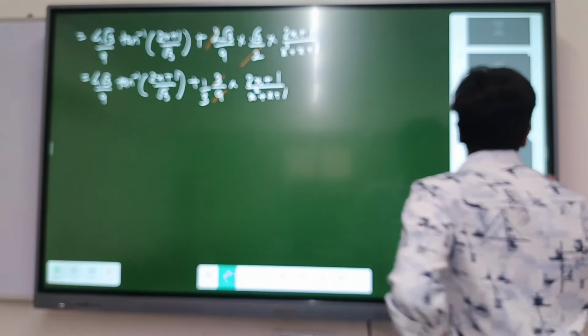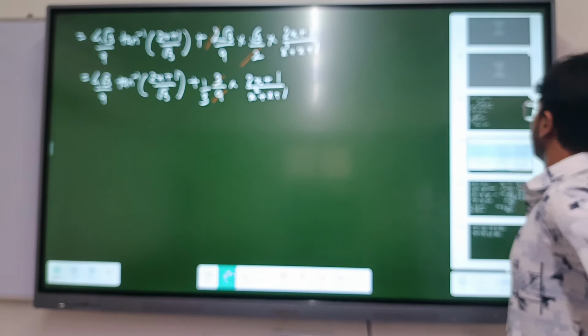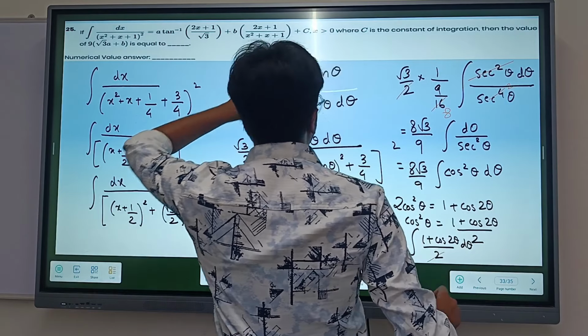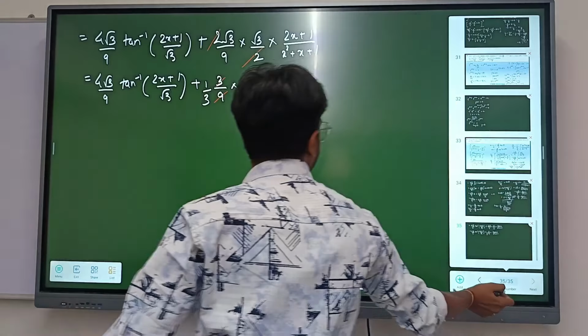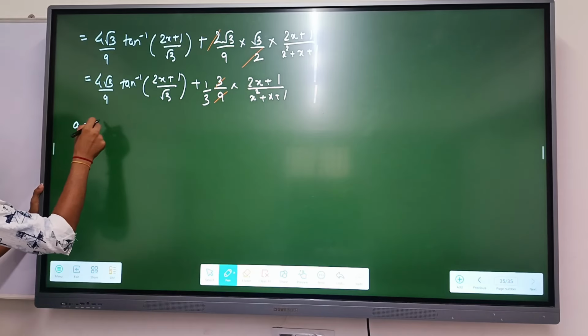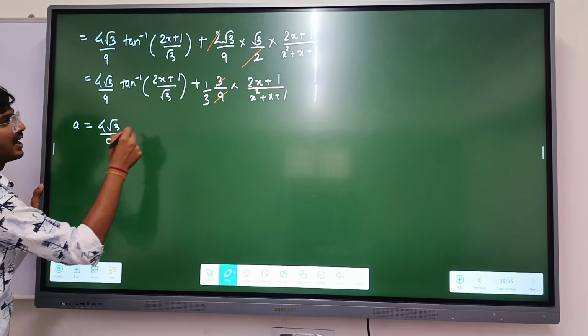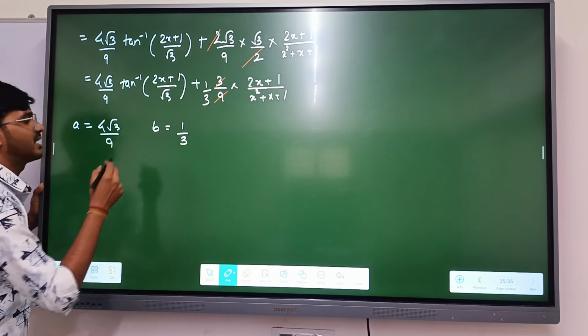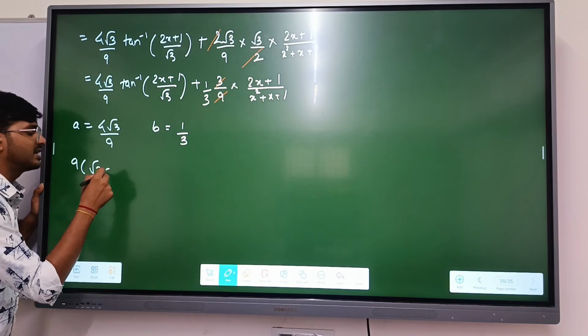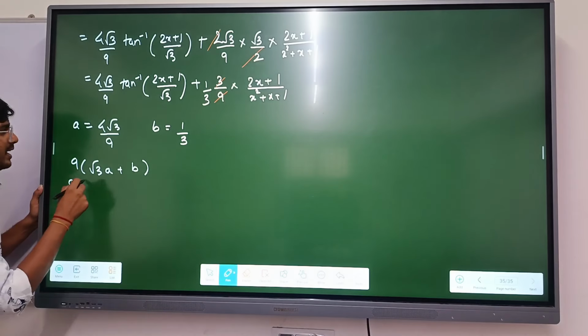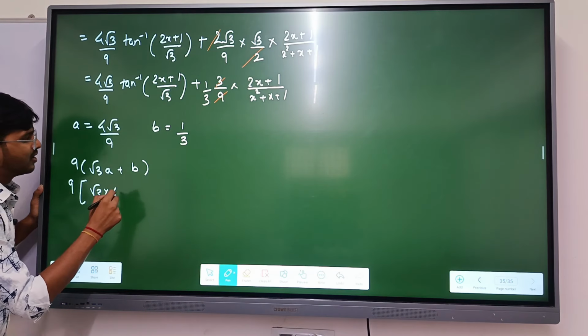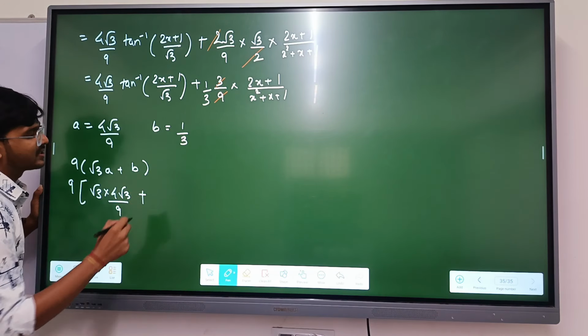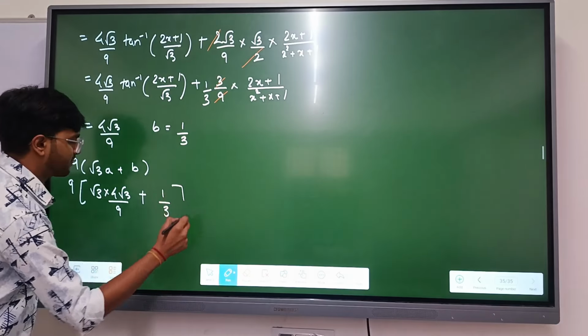Now compare with what is given in the question. What is given in the question? A and B values. So what is the A value? A value is 4 root 3 by 9. B value is 1 by 3. What are you asked? 9 times root 3 a plus b. So 9 times (root 3 into 4 root 3 by 9 plus 1 by 3).